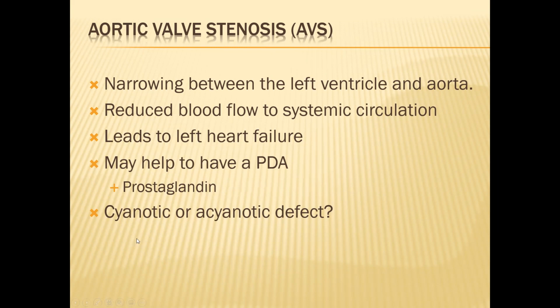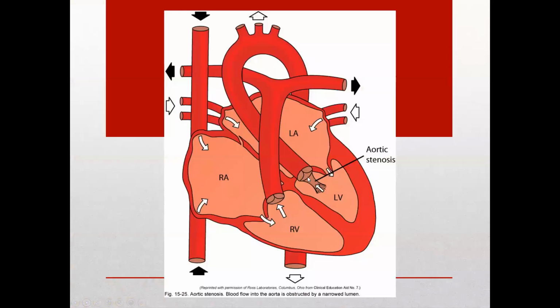All right, now, do we have a cyanotic or an acyanotic defect? Let's take a look at the picture. So the oxygenated blood is having a hard time getting into the aorta. This valve is so narrow, it's just letting a little stream of blood get into the aorta. Most of the blood is back here in the left ventricle, the left atrium, in the pulmonary circulation.